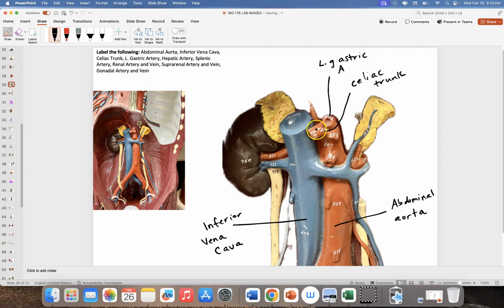And then this one is the hepatic artery. And then over here, we have the splenic artery.